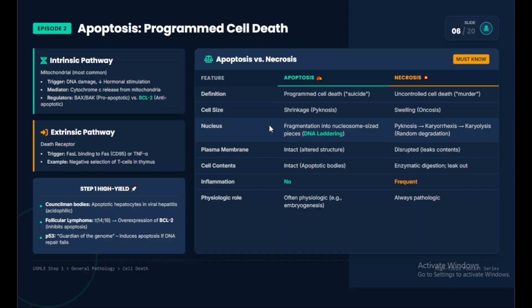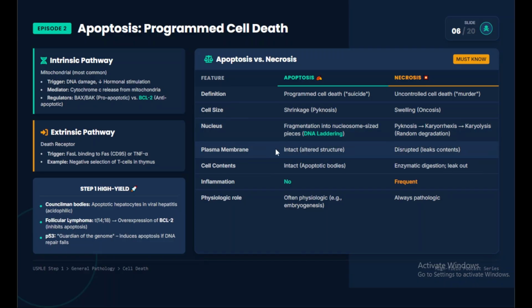It is something like every family has two types of children: the one who is organized and the one who is very messy. So apoptosis is very organized. It packs up the stuff, whereas necrosis just degrades randomly. It spills out the stuff and makes the floor messy, and this is what necrosis is.